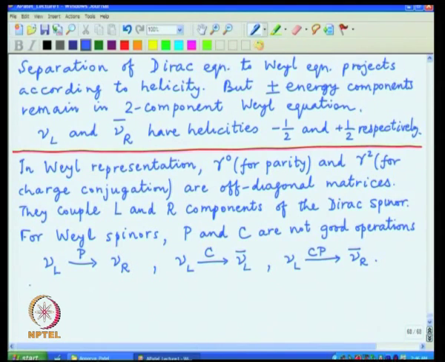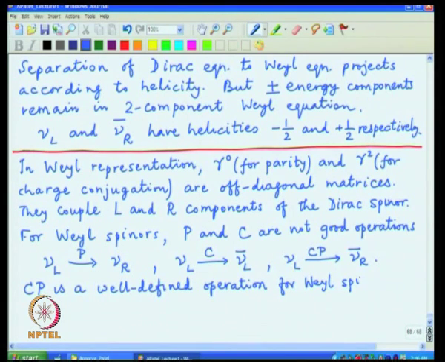So, it turns out that even though C and P cannot be individually defined for Weyl spinor, CP is a well defined operation for Weyl spinors, which indeed couples the particle and the antiparticle degrees of freedom.